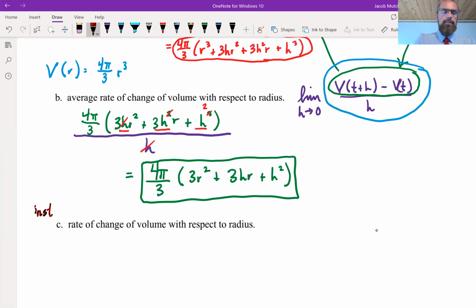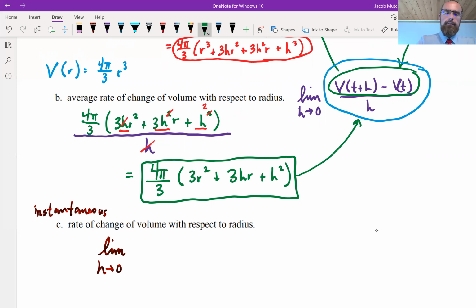And remember, the instantaneous rate of change is that average rate of change, but incorporating the limit. So all we've got to do is calculate the limit as h approaches 0 for this simplified fraction, because now we've got this entire difference quotient simplified down.